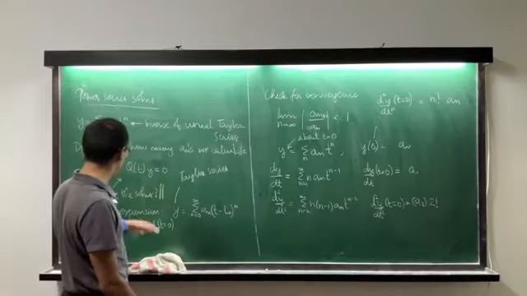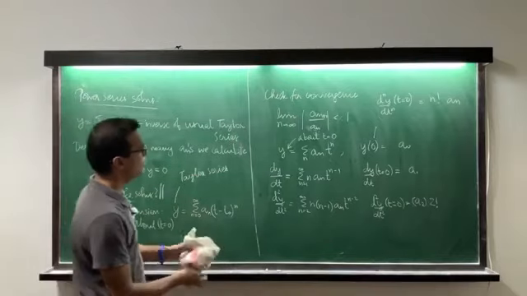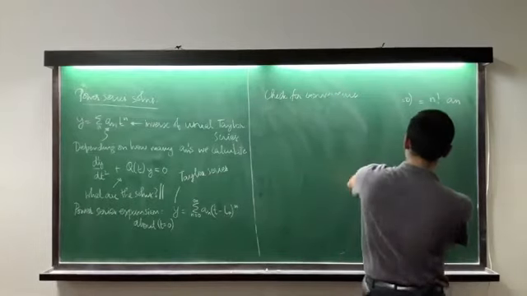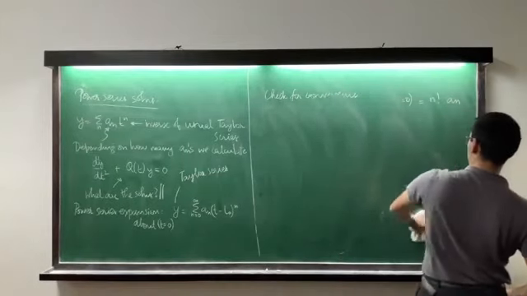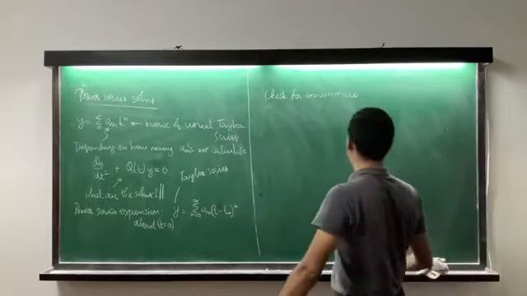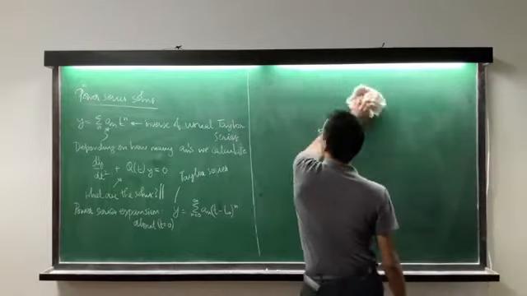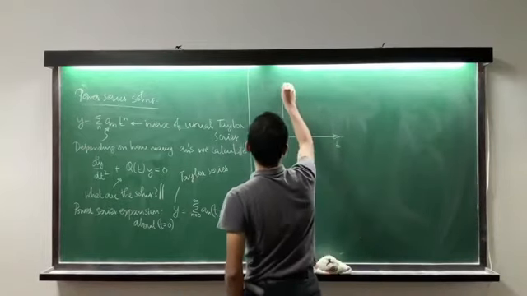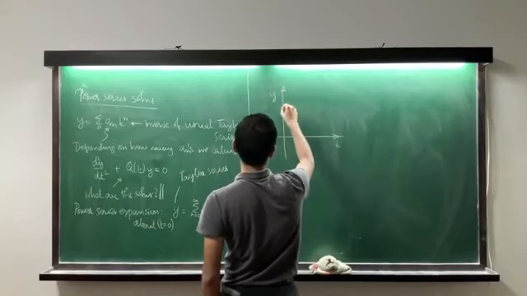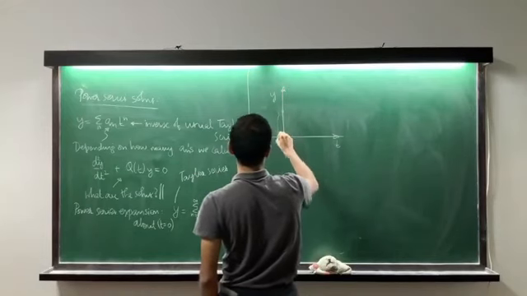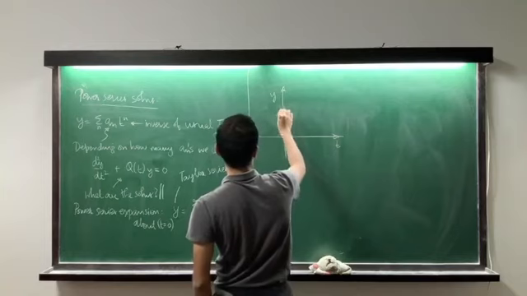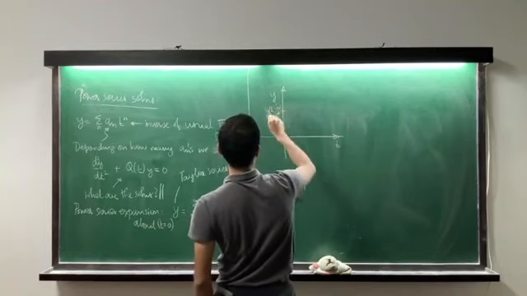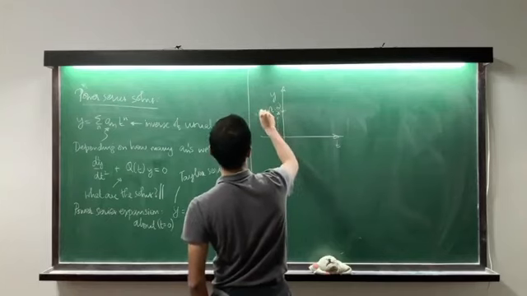Okay, I'll give you a geometric picture of this. Let's say this is t and this is y. What you actually want to find out is, you're given the initial condition, this is y of t equals 0, this point, let's call it y naught.